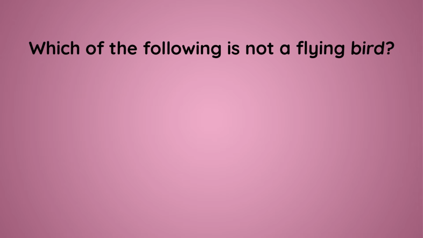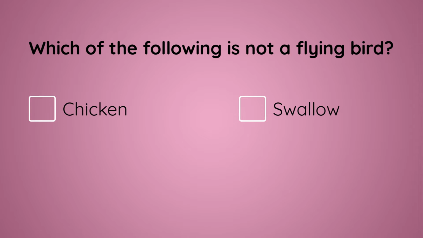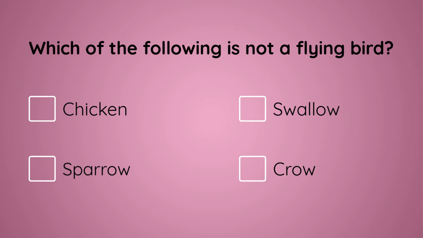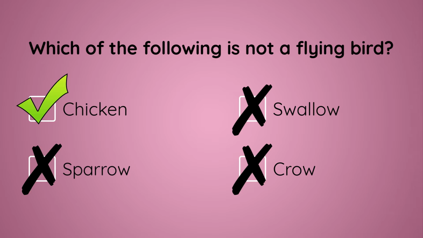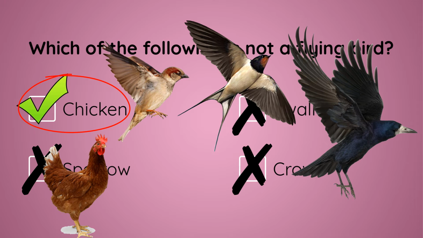Which of the following is not a flying bird? Chicken, swallow, sparrow, crow. As you see in all of these questions, we're asking the reader to choose only one of the answers. Actually, there is only one correct answer to choose.